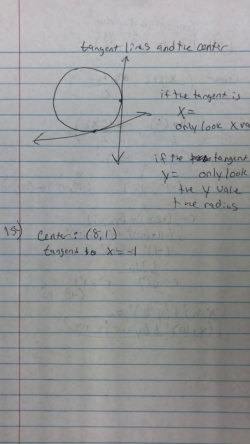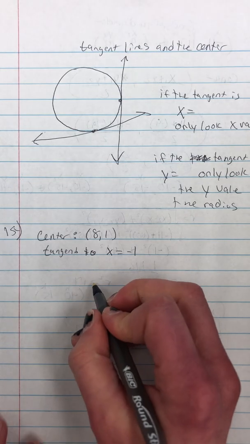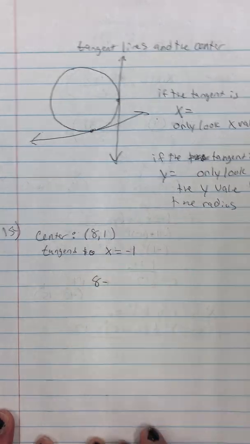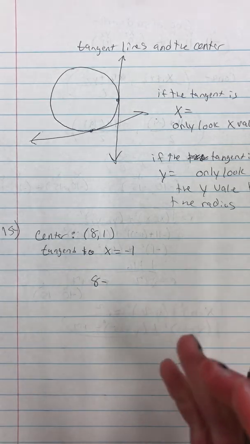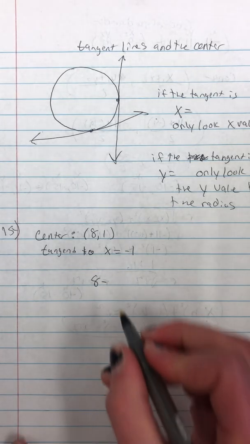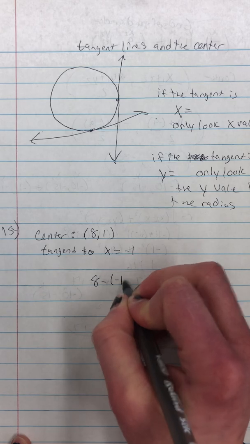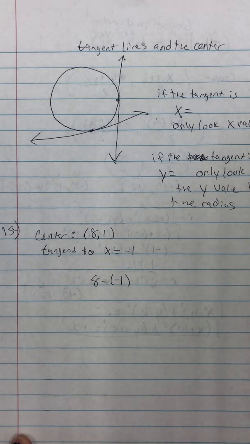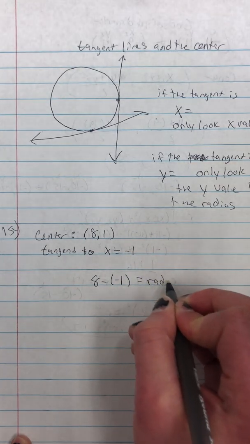Now, if x equals negative 1, that is an x equals, so we're only going to be looking at the x value of our point. For this one, we're going to do 8 minus the x term of our tangent, 8 minus negative 1. And that's going to be our radius.